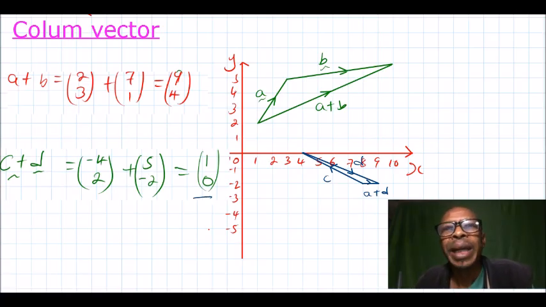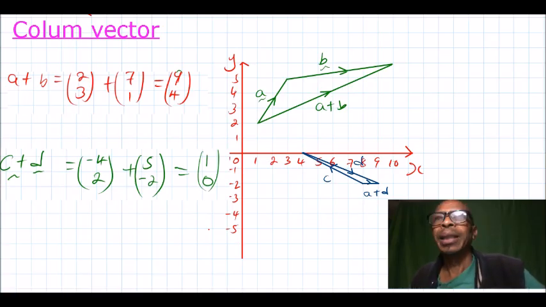As you can see, it is 1 unit displacement in the positive direction of x, but 0 displacement in y. It is horizontal. It is parallel to the x-axis, so it does not have any y displacement, and that's how you get that. I hope that one is clear.